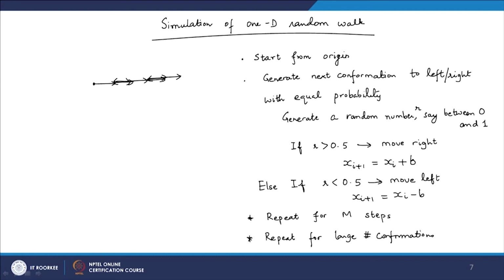If I am doing, for example, a random walk in 2 dimensions or higher dimensions, all that changes is my algorithm here. So, if I am doing a 2D walk, now we have 4 outcomes: left, right, up and down. So, now we can again generate R between 0 and 1, provided that it is uniformly distributed, and now we can say R less than 0.25, move left, for instance.